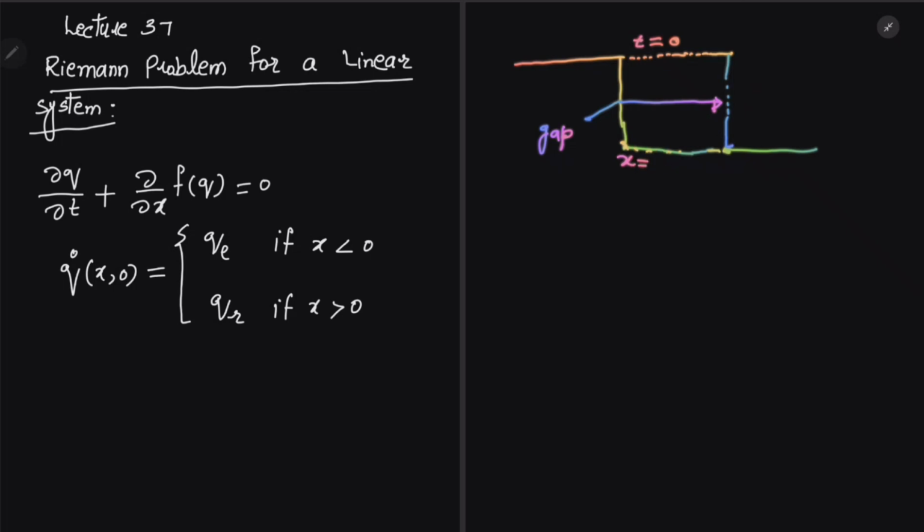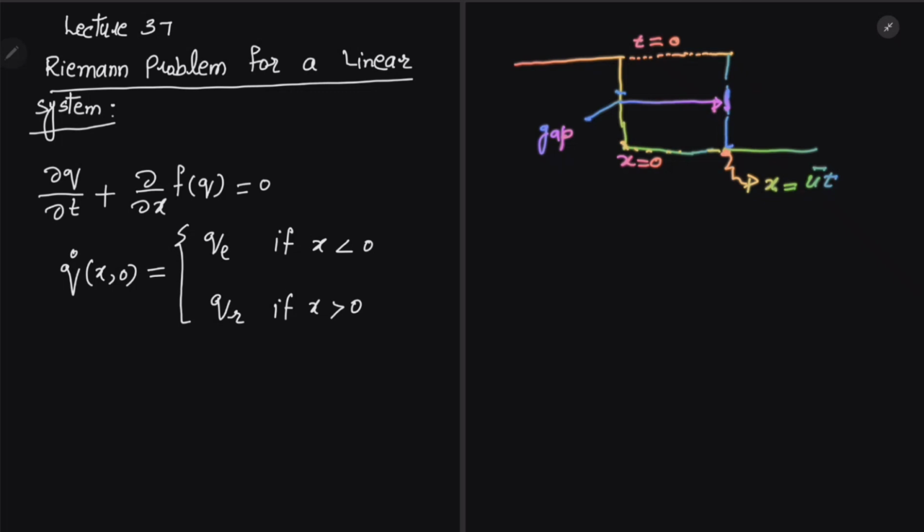If x is equal to 0 initially, then it depends how many equations we have. For example, if we have only one and u bar is greater than 0, the next point is x equal to u bar t. So the initial solution has moved towards the next point and we have the solution available there.